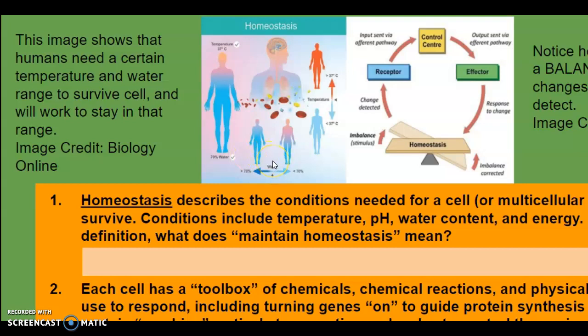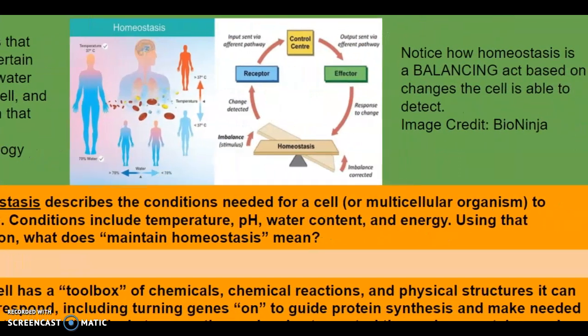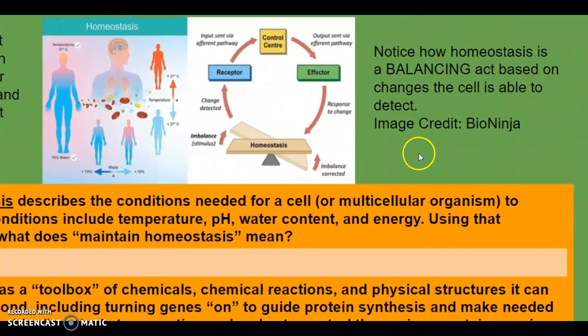And you can see that homeostasis exists within those ranges. There are certain set points, if you will. And that human behavior, at least our physiology, the way our bodies work, can be understood by trying to maintain those conditions. In the second image, you see homeostasis is like a balancing act.